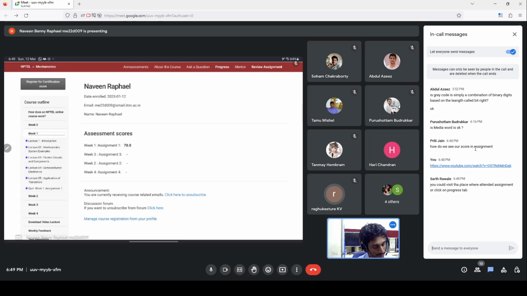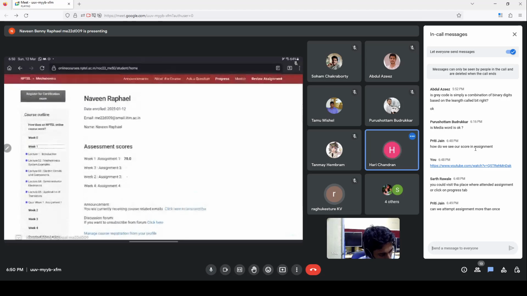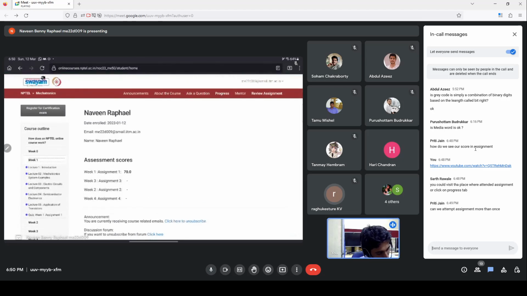In the last session I was seeing that some courses attached it here at the bottom side inside the SWAYAM portal. In last semester I attended some course. After the weekly session, they are attaching it here.